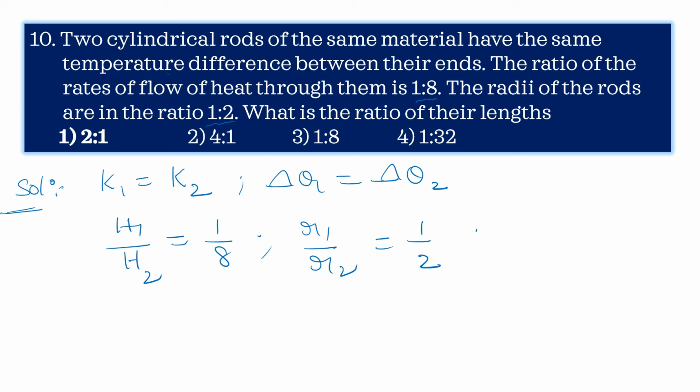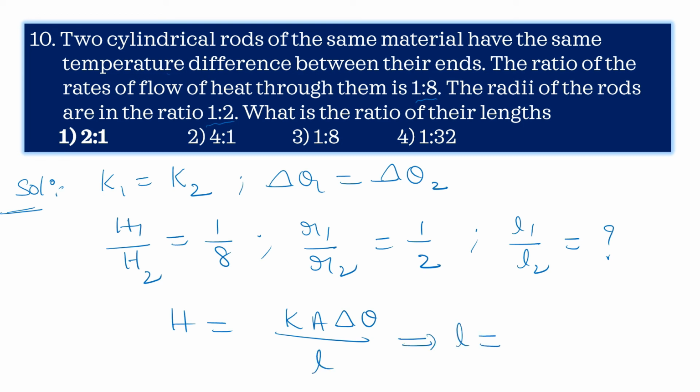So we have to calculate the ratio of their lengths L1 by L2. So H is equal to the rate of flow of heat, H is equal to KA delta theta by L. From this, L is equal to KA delta theta by H.